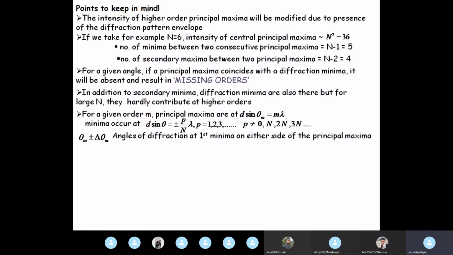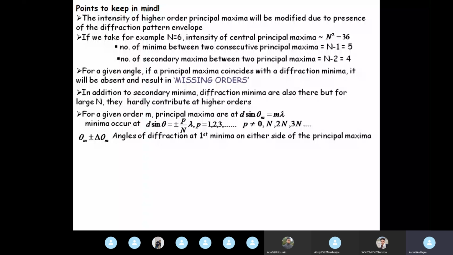Theta m is the angle at which the principal maximum is formed. Now, suppose theta m plus or minus delta theta m are the angles of diffraction at the first minima on either side of the principal maxima.